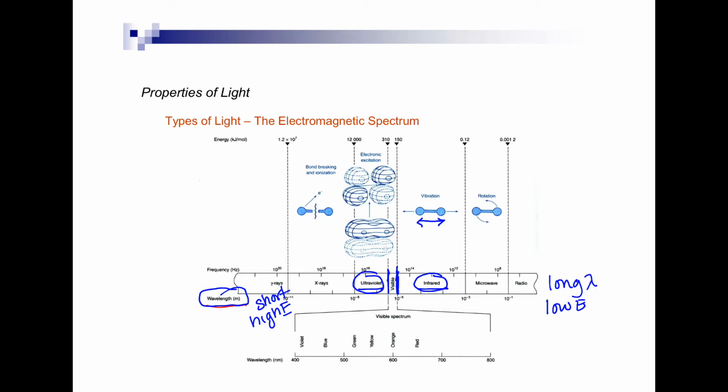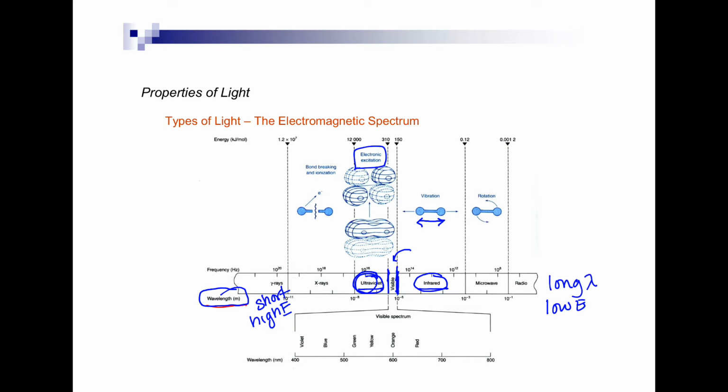So we're looking at the molecule changing energy due to vibration. Visible light, in this range here, has to do with electrons being excited to higher energy levels within atoms. So we'll talk a little bit about that. And then ultraviolet is basically a stronger version of that excitation. So we call that electronic excitation.